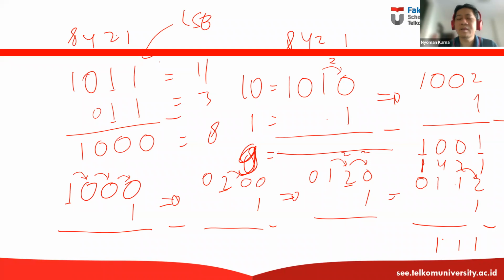Okay. Is this correct? This one is 8, and this one is 1. And this one is 7. So 8 minus 1 is 7. This is what we do in subtraction by using binary system.